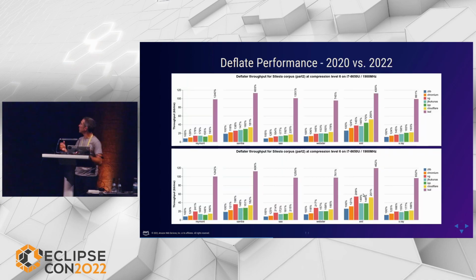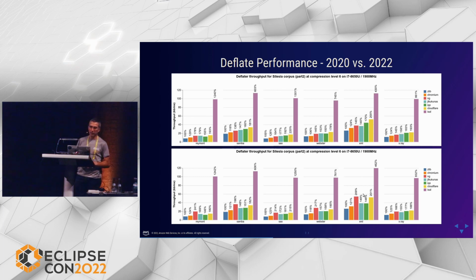So let's come to the results. For a long time, zlib, the original zlib by Mark Adler, was the only available zlib implementation. But during the last years, a lot of additional implementations have occurred. Most of them were derived from the original zlib library. Some of them are clean room implementations.